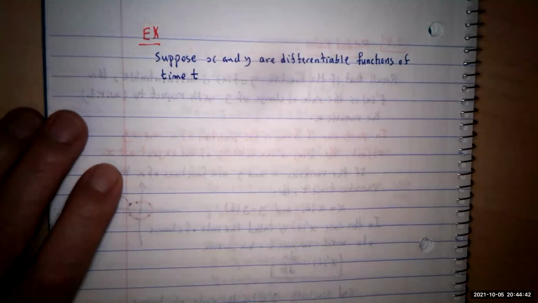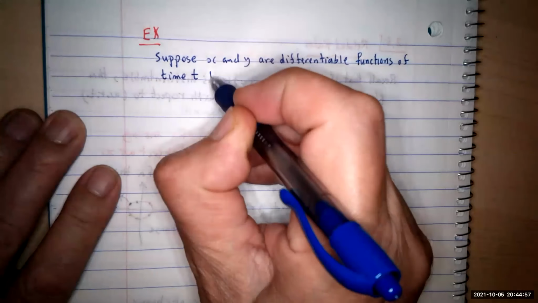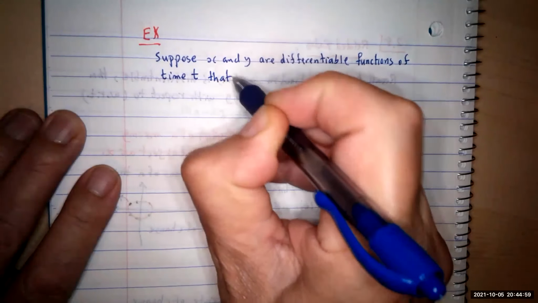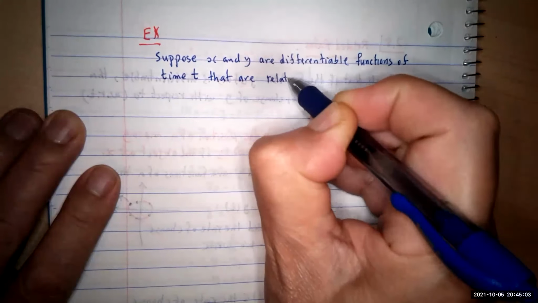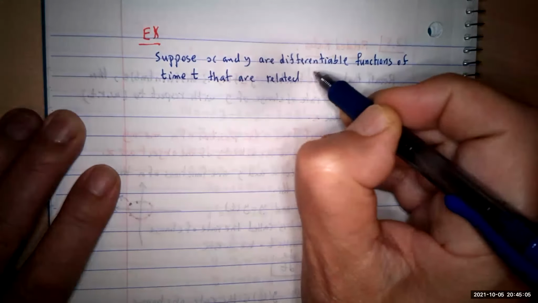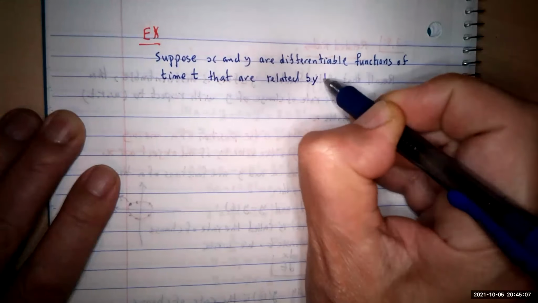As soon as you see this, you'll find out this is a related rates problem. It's not ordinary x and y because they are functions of the time. So suppose x and y are differentiable functions of the time t that are related to each other by one equation. They have to give you an equation.